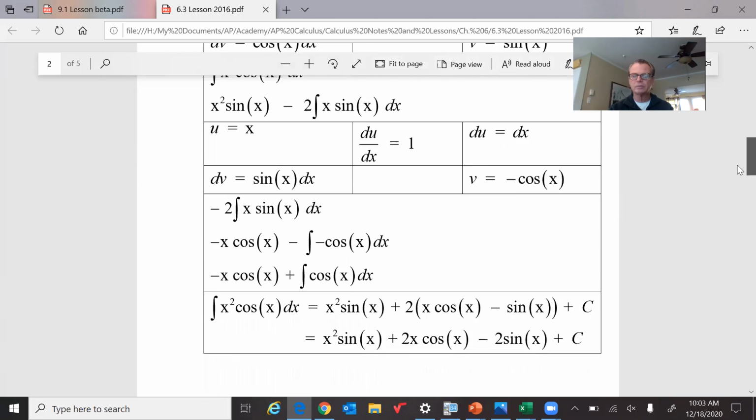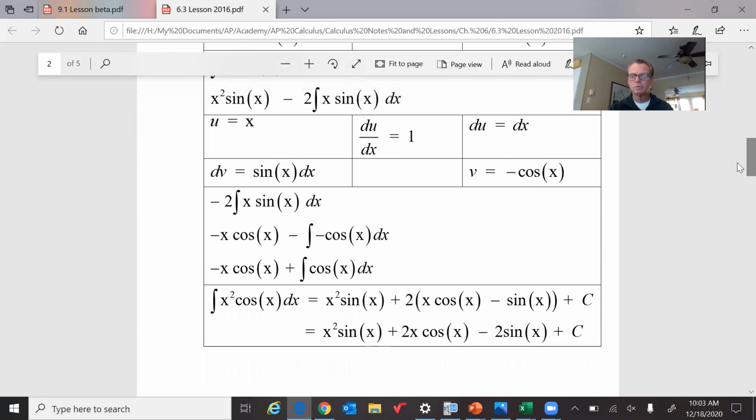So when you do that, you would get, ready, uv. You get a negative x cosine x, subtract the antiderivative of v du, and that cosine x, subtract the negative. This cosine x dx will anti-differentiate. That's a derivative of sine. Okay, so you get this term here.